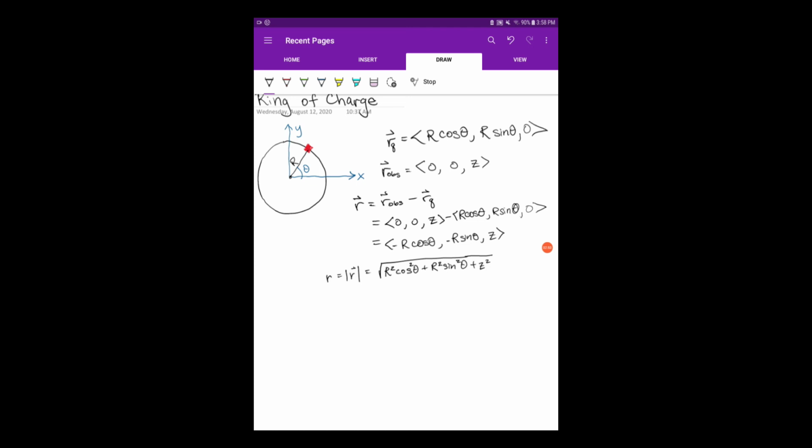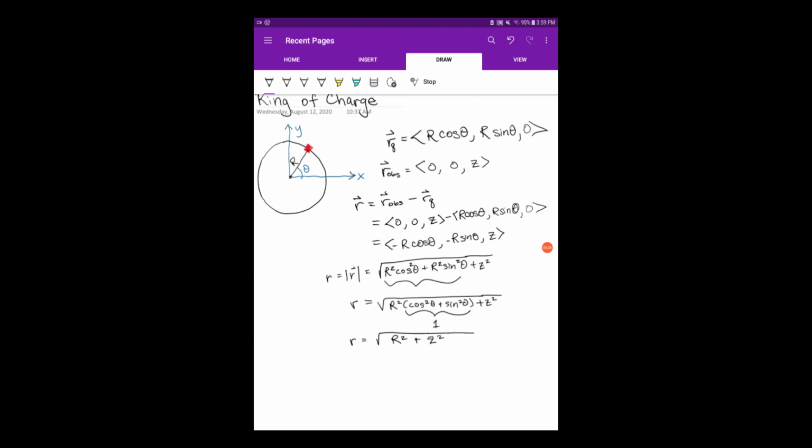This can be simplified because I can factor out of the first two terms the r squared, so that this term is just 1, and that means that the length of this vector is just the square root of r squared plus z squared.